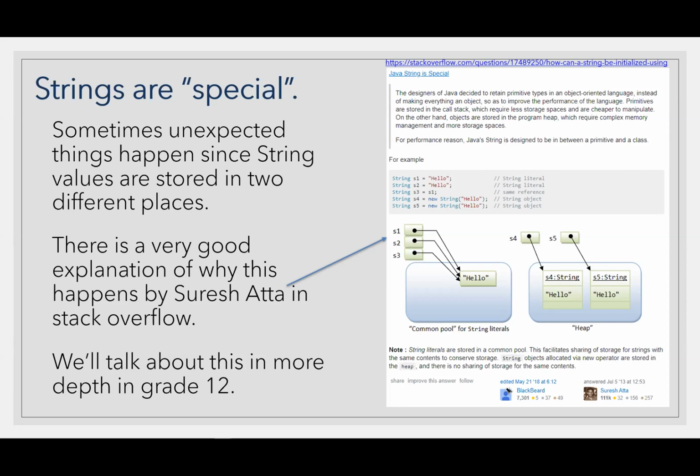There's a common pool area for our strings, and the purpose for that is just to save some space. So if we have two string values that are identical, then our references will reference the same area in this common pool area. So let's look at some code.